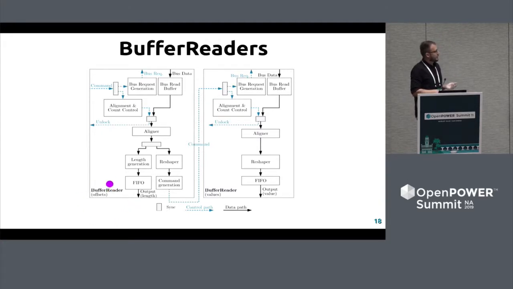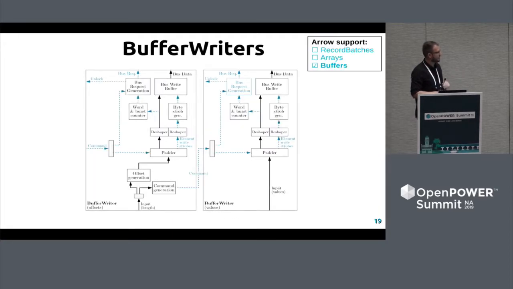So for an offsets buffer, we have a slightly different buffer reader, and then the output is lengths, but it also generates a command for the values buffer because the offsets point to somewhere in the values buffer where the string starts, and it has to start reading from there. So sometimes they're combined a little bit. We also have them for writers, but in the end, combining all the components and having a few different configurations, we were able to support reading arrow buffers.